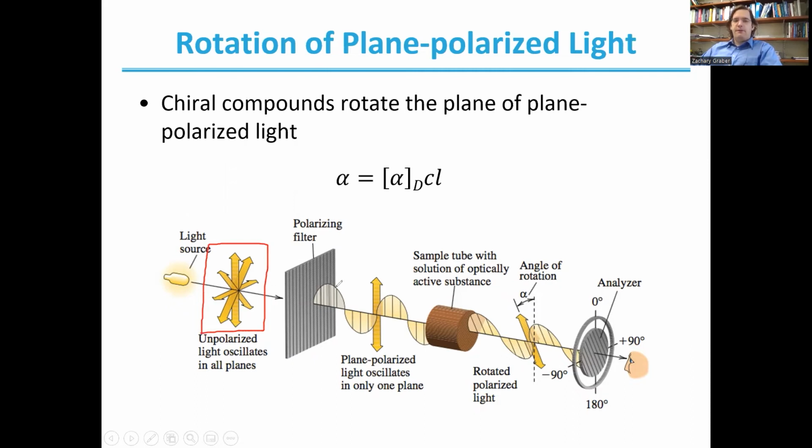If we can filter it so it's oscillating only in a single direction, we can then see how it interacts with our stereoisomers based on the angle of rotation of our polarized light. Again, we have this key law here where the rotation depends on the specific rotation, which is a constant for our given stereoisomer, the concentration, and of course, the path length, the distance through the sample that it travels.